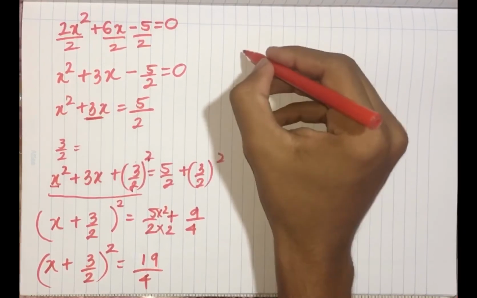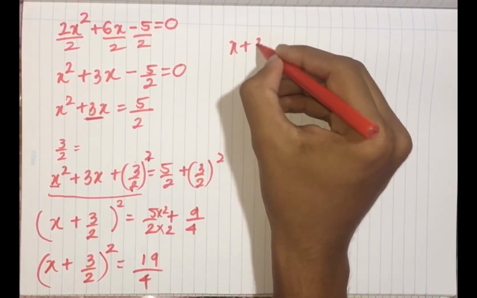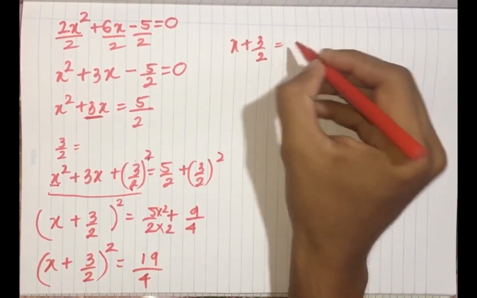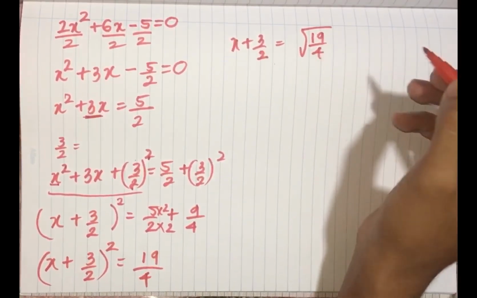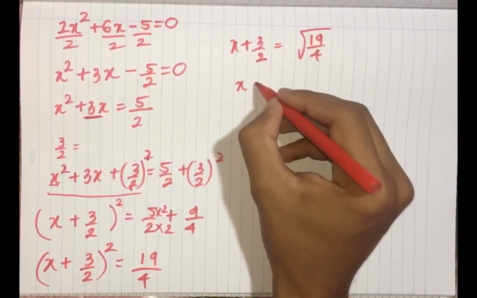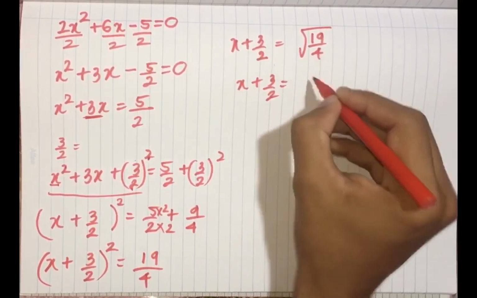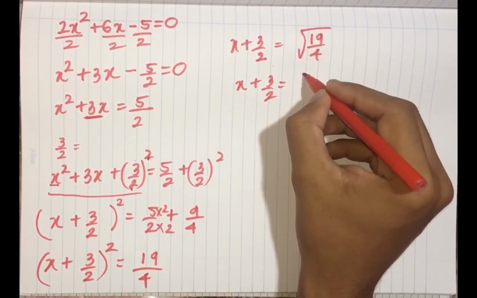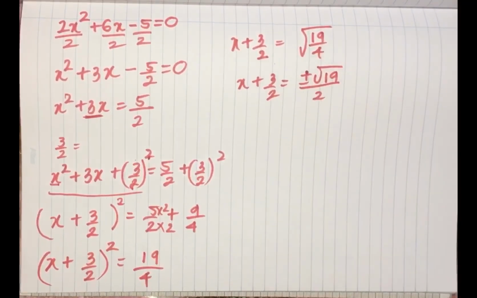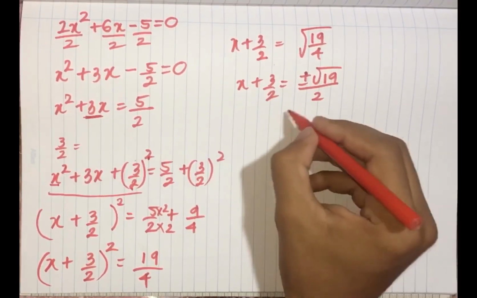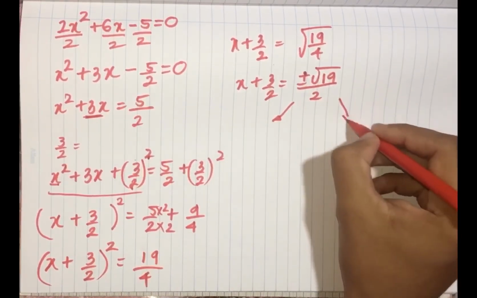Now if you remove the square sign, you will have the square root of 19 over 4. 4 you know the value. Therefore, square root of 19 is equal to plus or minus 19 over 2. Okay, now you have two values for x, like I told you.